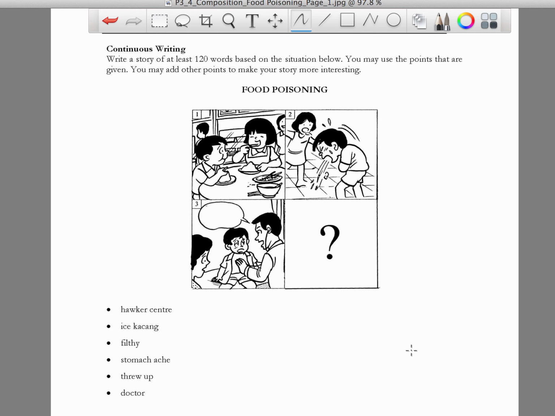Subsequently, I will first go through the vocabulary you need for a clinic visit. I think going to a hawker center, ordering food and being sick, most of you would be familiar with that. Some children may need more help with the words and phrases used to describe a visit to the clinic.